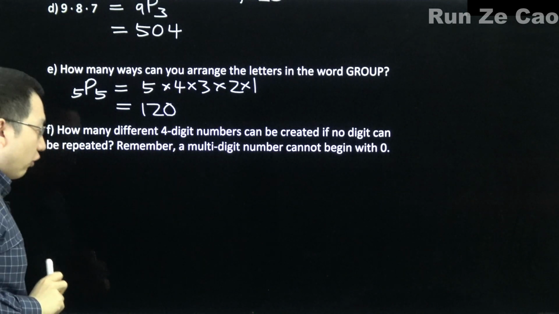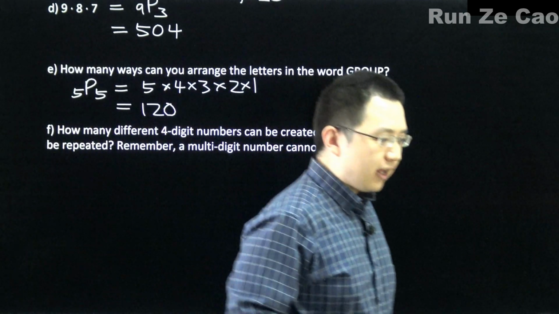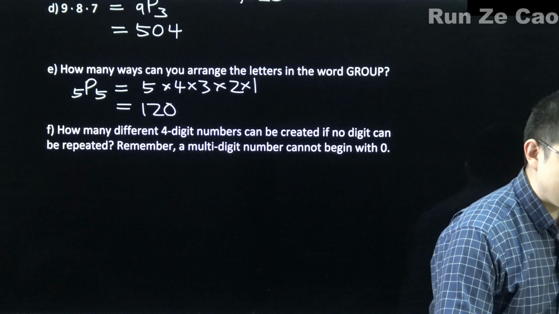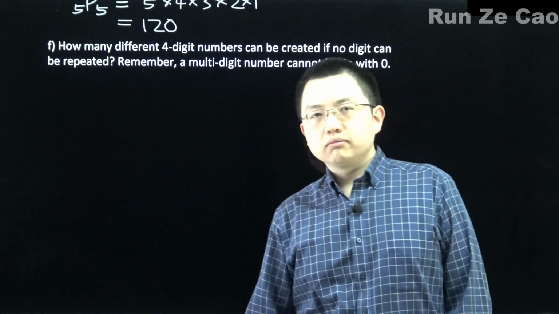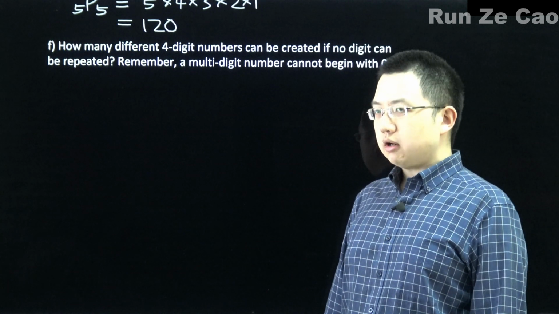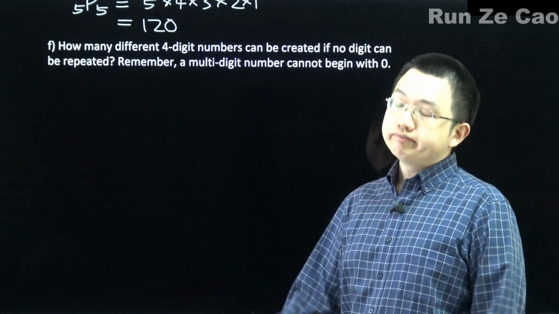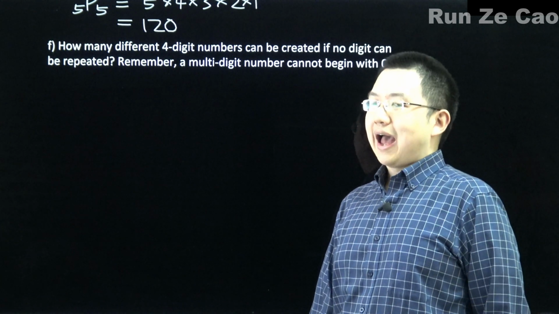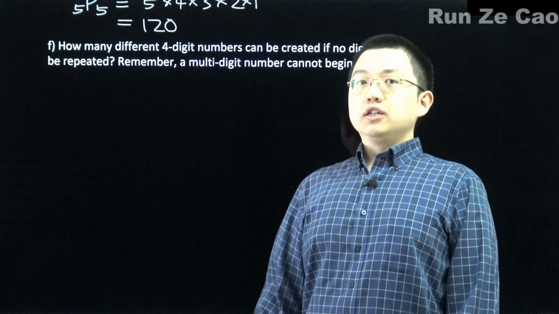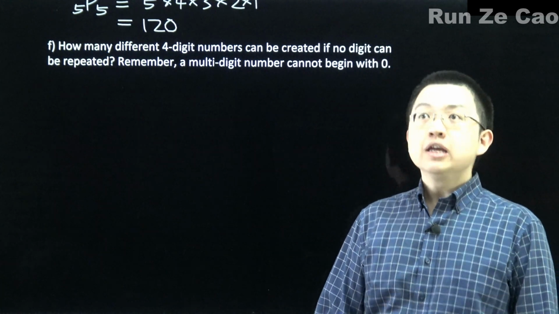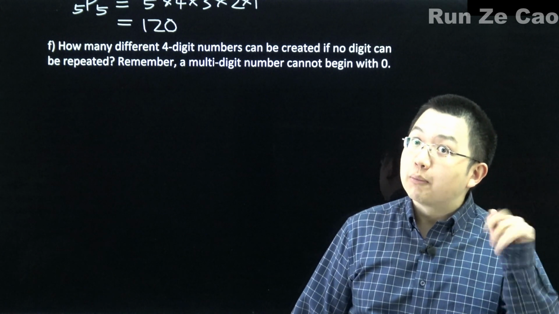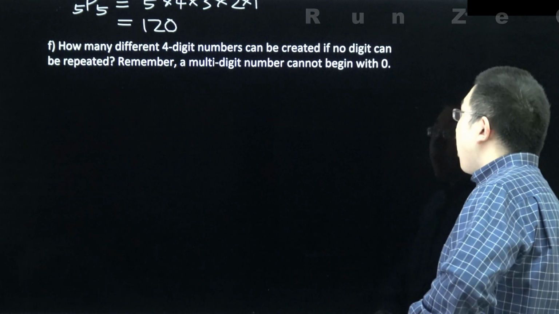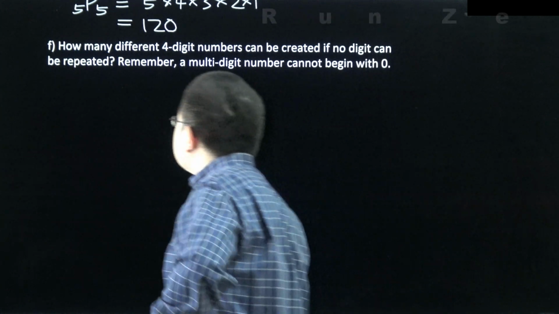How many different 4-digit numbers can be created if no digit can be repeated? Remember, a multi-digit number, in other words, if you have a 1-digit number, yeah, it could just be 0. But if you have a 2-digit number, you can't have 05. No, that's not a 2-digit number anymore. So a multi-digit number cannot begin with 0.